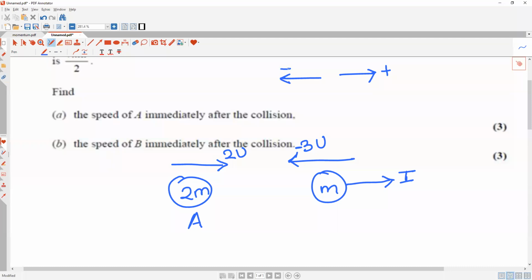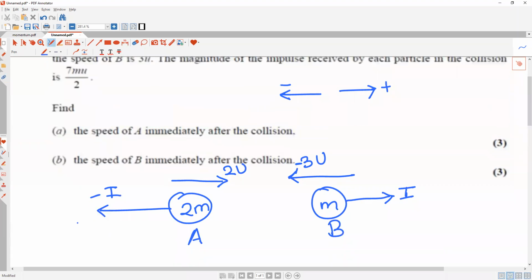Because A is going to hit B towards the right and B is going to hit A towards the left, negative. Shirin, is this understood? And how much is it? This is minus 7mu by 2 and this is plus 7mu by 2.